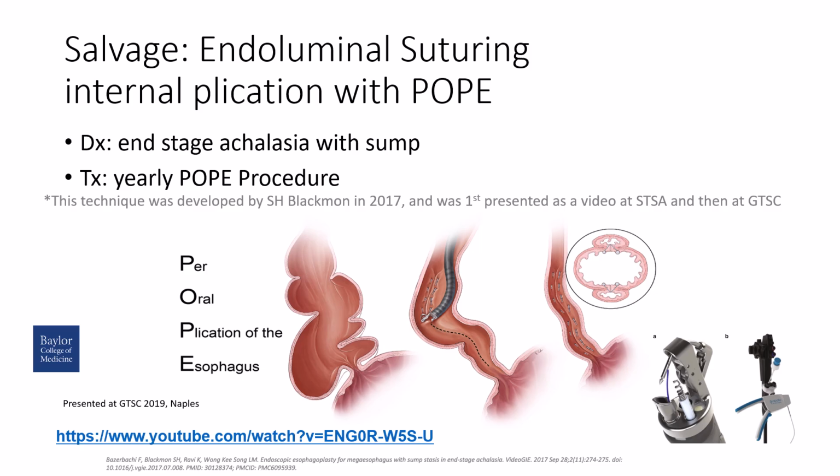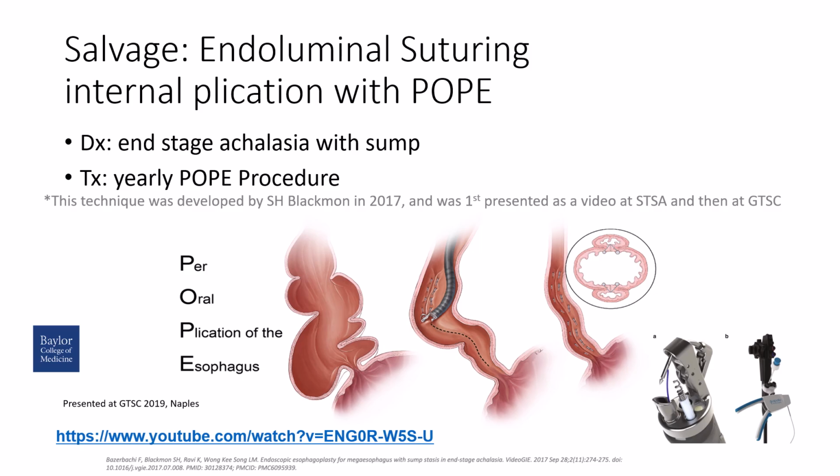This esophageal preservation approach is a unique approach and requires a skilled endoscopist, whether it be a surgeon or gastroenterologist. Getting rid of the sump by plicating the esophagus and making the esophagus overall more narrow with either one or two plication events can help the patient to facilitate a more efficient swallow.